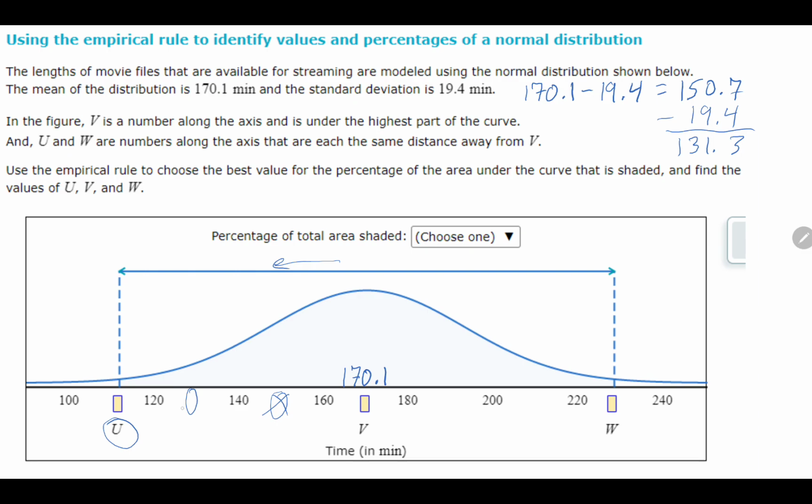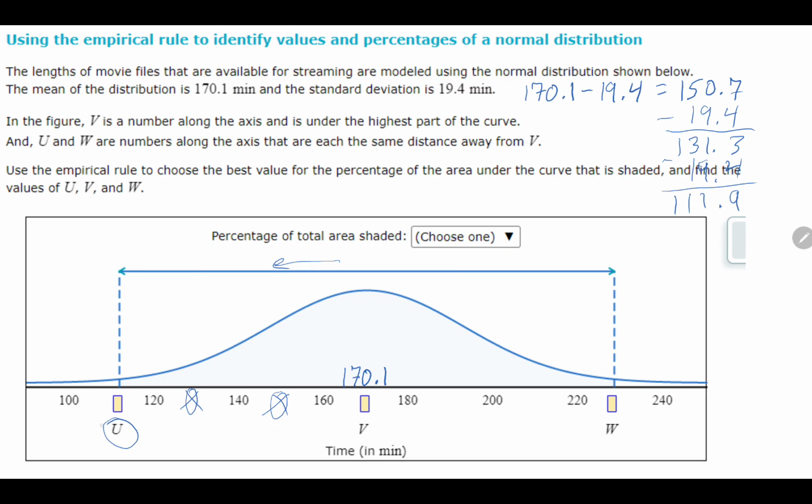That's not where I want to be. So I'm going to minus 19.4 again. So let's just write right over this, minus 19.4. Let's see, that's going to be 111.9, which fits with where U would be.